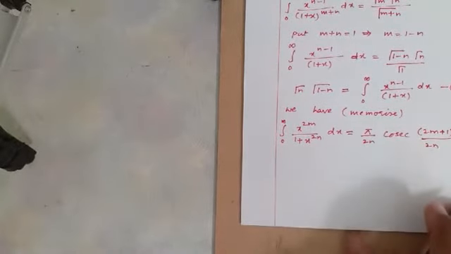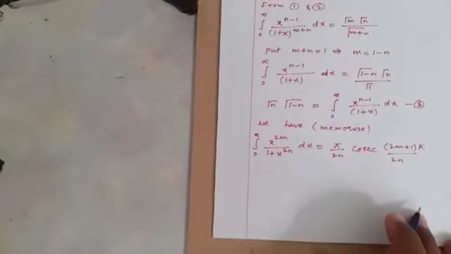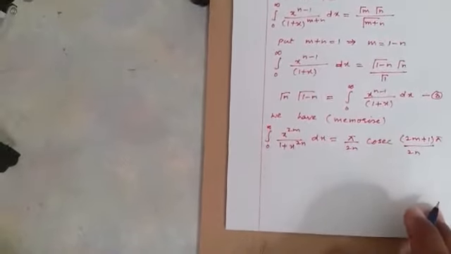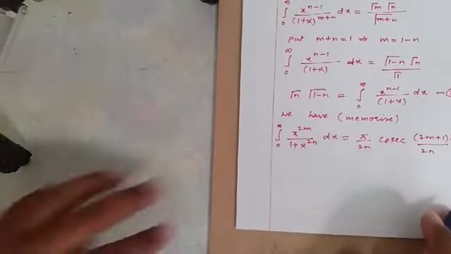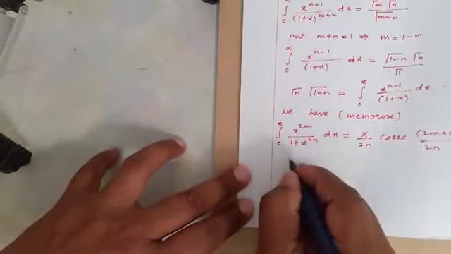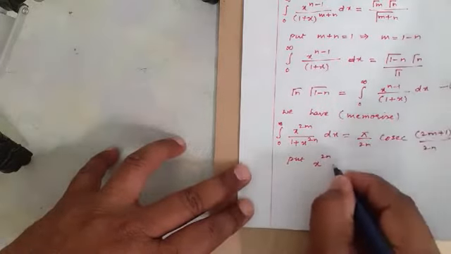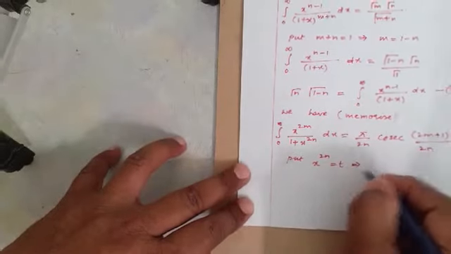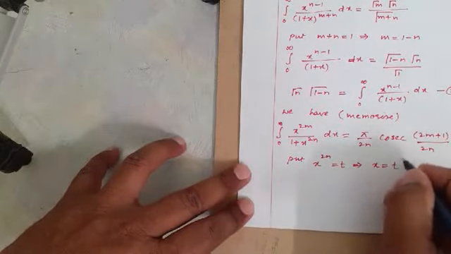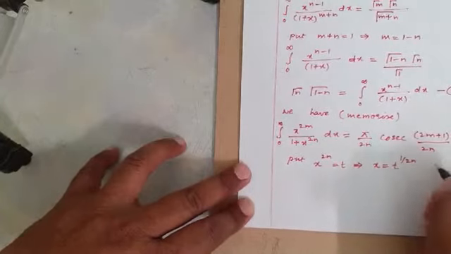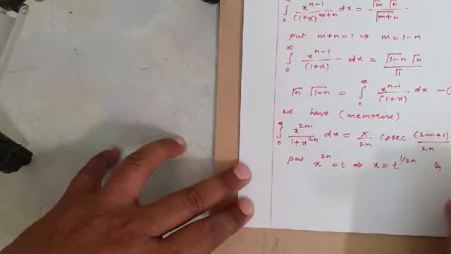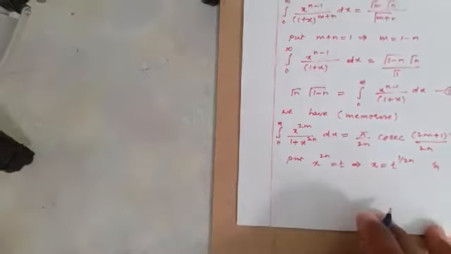This you have to memorize. Then after this we have to take the substitution now. Put x power 2n is equal to t, which implies x is equal to t power 1 by 2n, and 2m plus 1 upon 2n, you take this as equal to s.